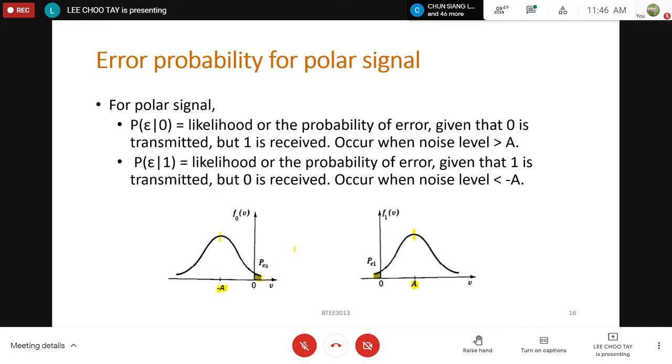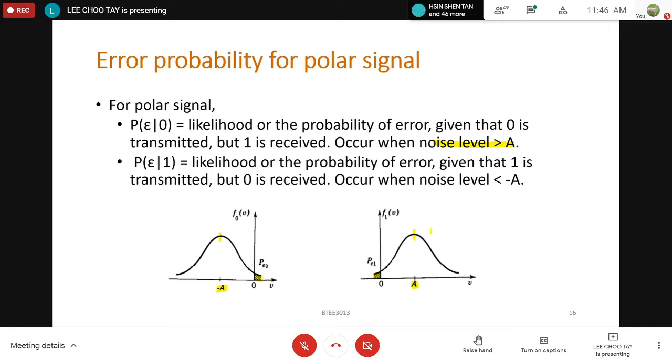So the error will occur when the noise level is greater than A. When we have a positive noise greater than A added to the binary 0 pulse, this will cause an error at the detection.